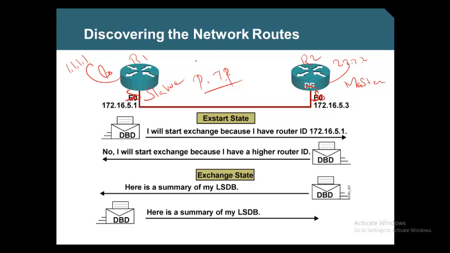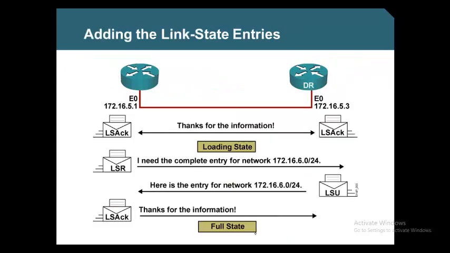So now the master will initiate the exchange of DBD, and then acknowledgement will be sent, and then DBD from R1 will be sent, and then acknowledgement will be sent. That is what we call the exchange state.